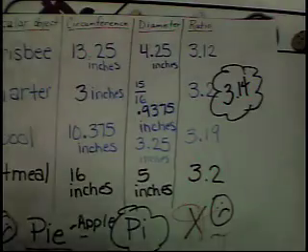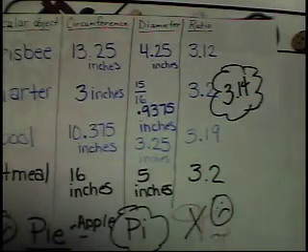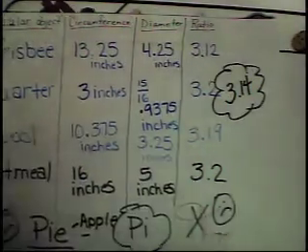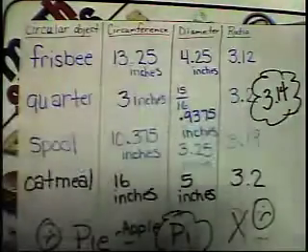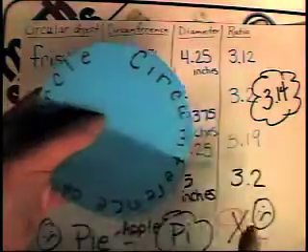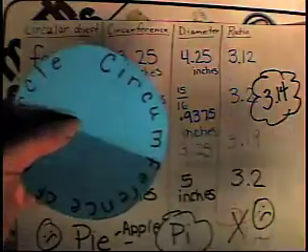I want to make sure I understand exactly what you're teaching me today. You are saying anytime I measure the circumference of a circular object, which is the distance around an object, we did it in inches, but it could be in centimeters, millimeters, whatever.